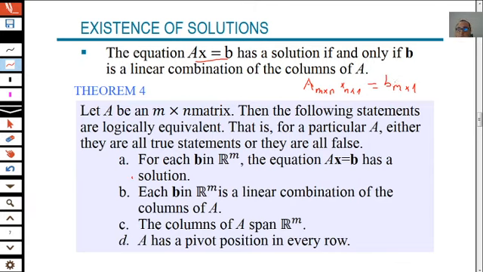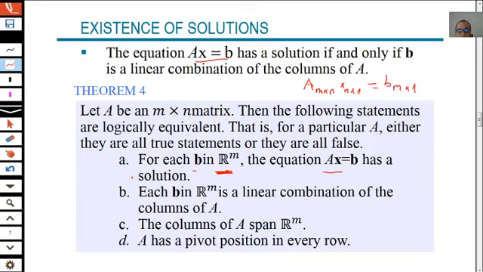It is a vector with m components. Therefore b is in Rm, so the equation has a solution. We take any arbitrary vector in Rm and we see that we have a solution for the system.